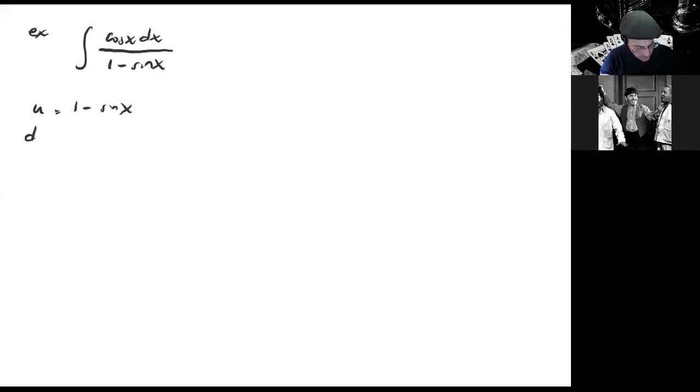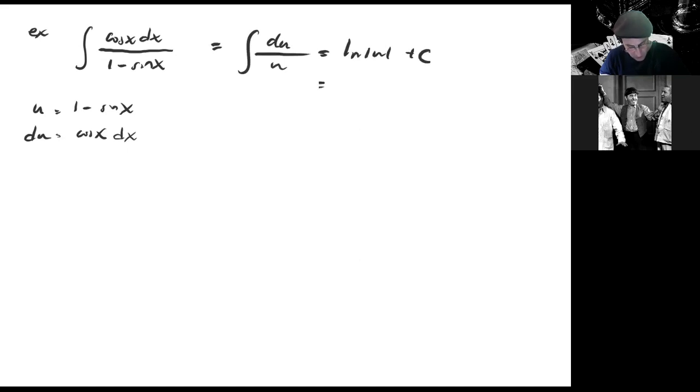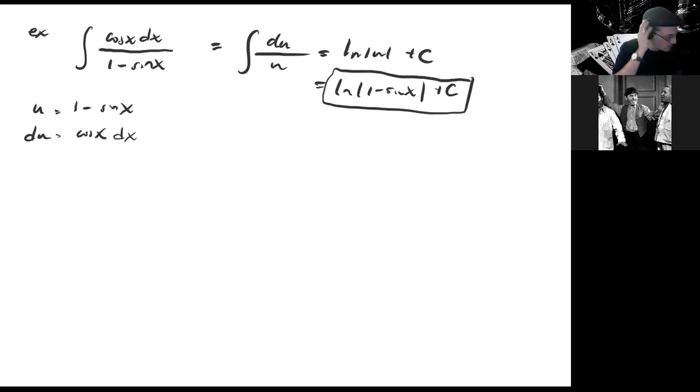Then du is cosine of x dx. We have a cosine x dx in the numerator, so we have du over u, and this becomes ln absolute value of u plus c, but u is 1 minus sine x. So this does the problem right away. Very simple. Okay, so that was just a warm up.